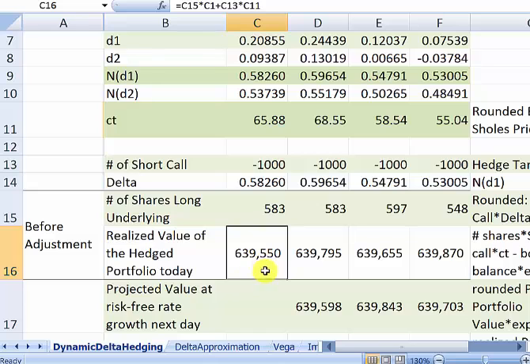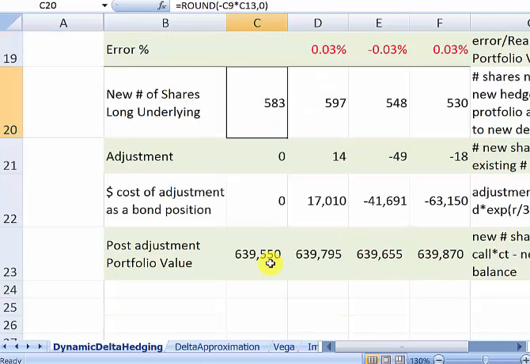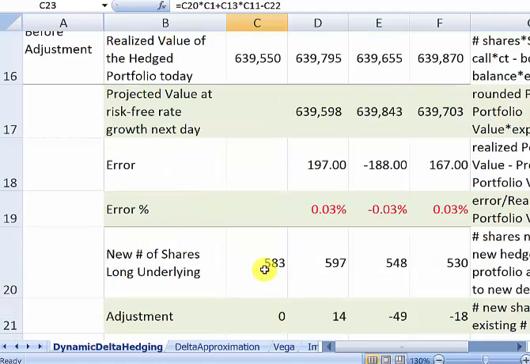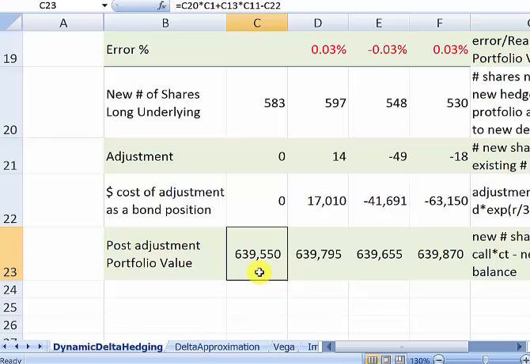So that's the hedged portfolio value. Okay, this is before adjustment, and currently I need the long shares and the portfolio value to see the evolution of this dynamic delta hedged portfolio.